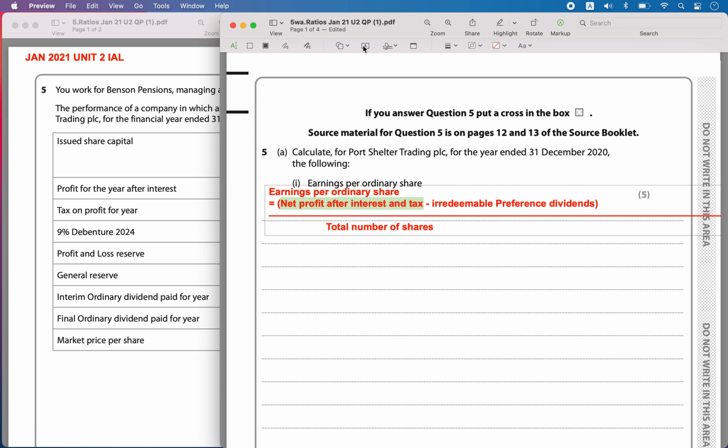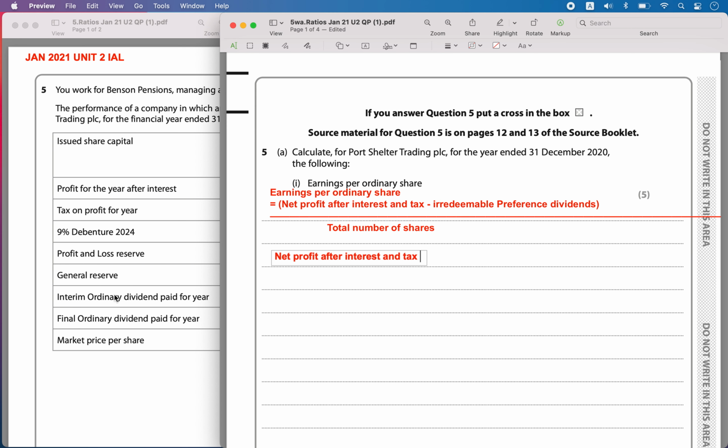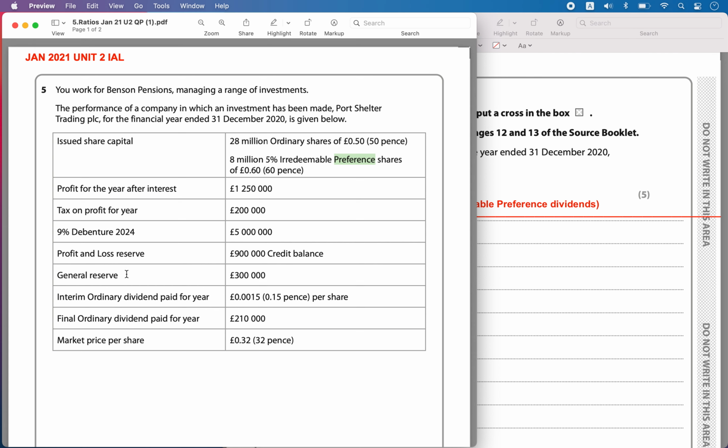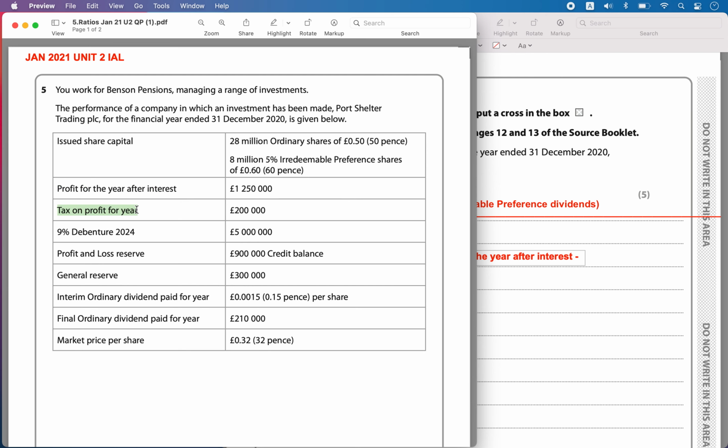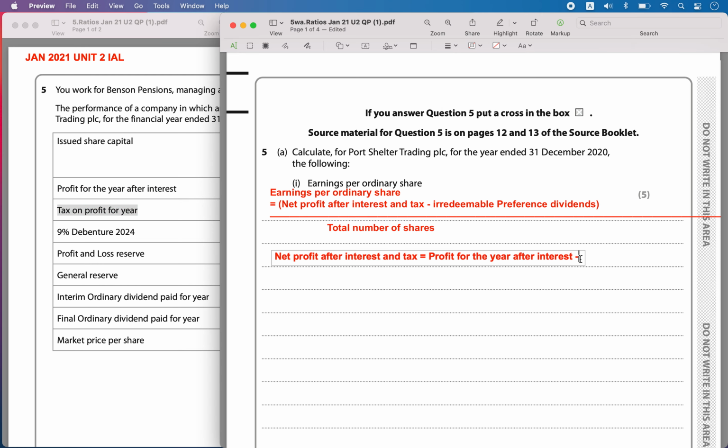Let's see what is the net profit after paying off the interest and tax. They have given profit for the year after the interest, and then you also have to pay the tax on the profit. Both you have to do.